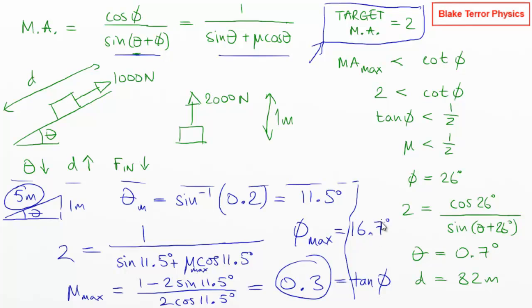So we can see this straight away. If we're going to try and drag this object up the slope, we can put it on the slope, and if it isn't starting to slip before we get to 16.7 degrees, well, we're not going to be able to pull that up the slope. We're not going to get that mechanical advantage. So then we're going to have to engineer the slope.